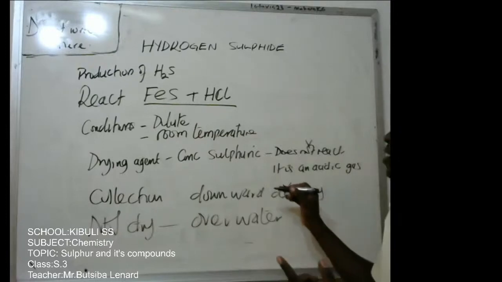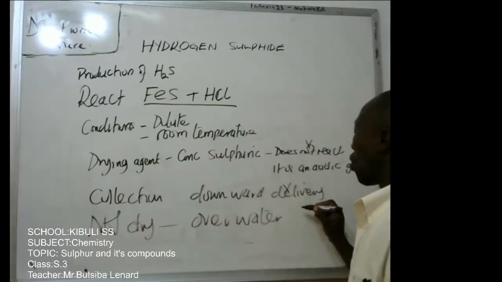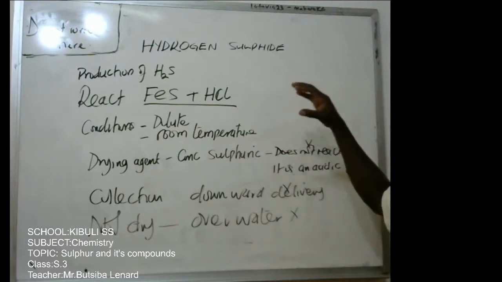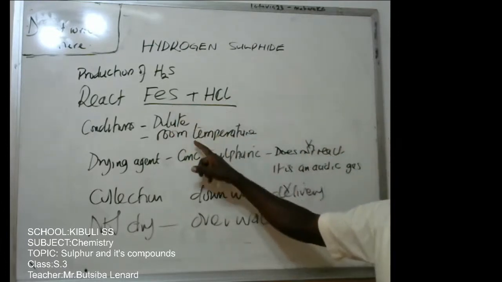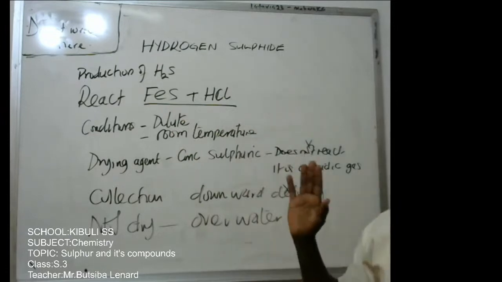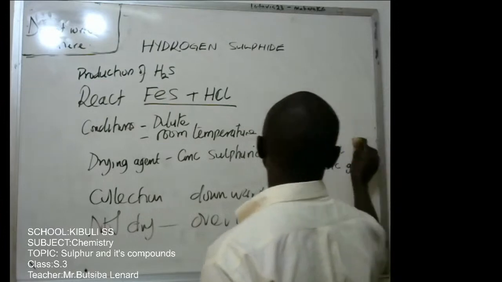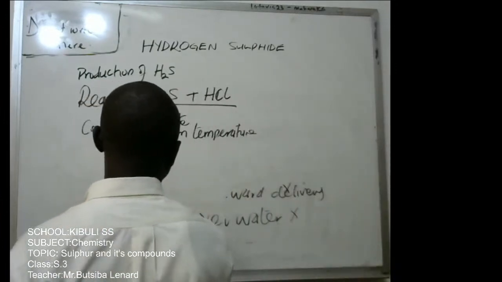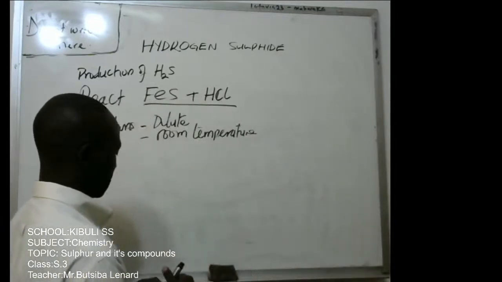Therefore, whether downward delivery or over water, practically we don't do the following. It therefore means we are left with knowing substances that can give us hydrogen sulfide and the conditions for the reaction. I therefore want to summarize this in the form of a simple word equation followed by a chemical equation.